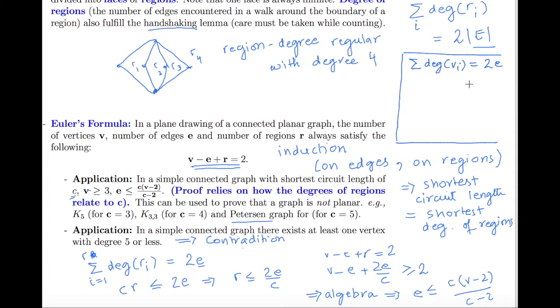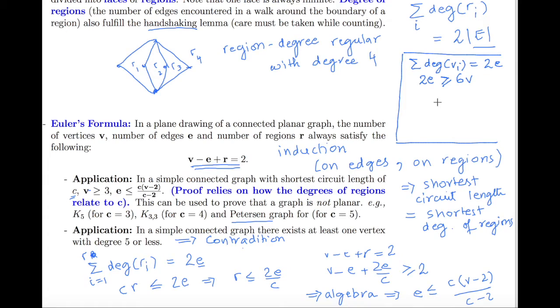And since all the degrees are at least 6, the sum of all the degrees should be greater than or equal to 6 times V. So we can say 2E is greater than or equal to 6 times V.